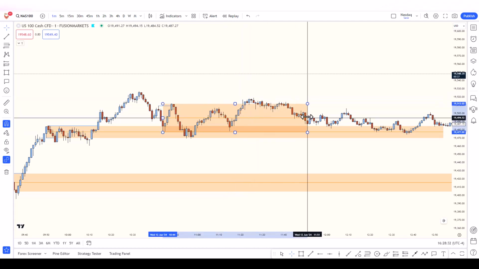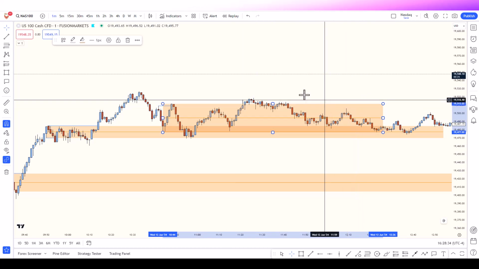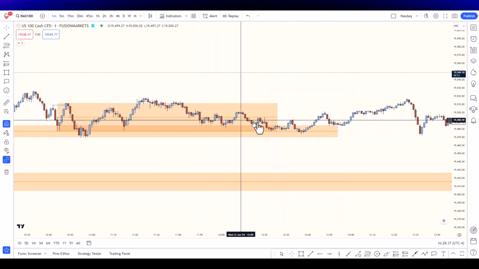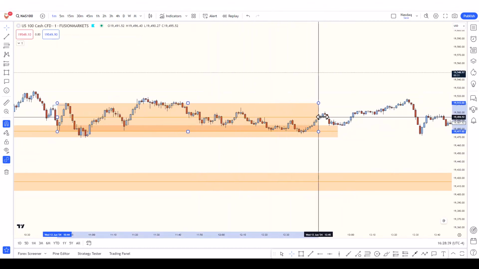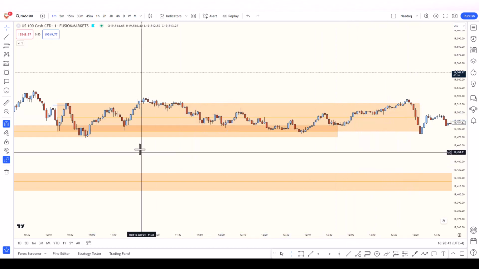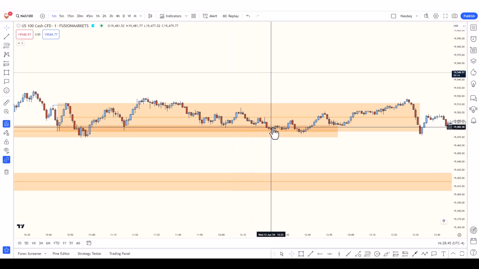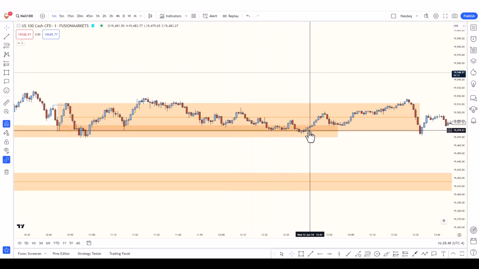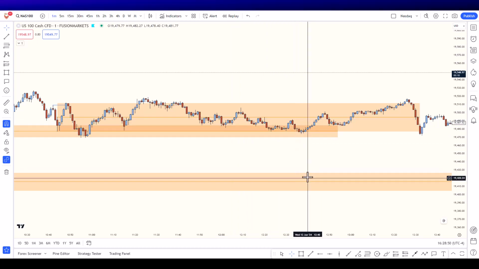So this becomes our new zone, right? We traded below the 50%, and here we have another flip.